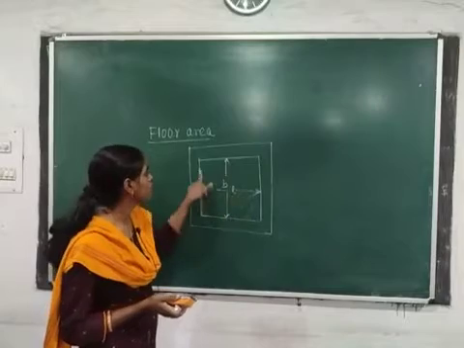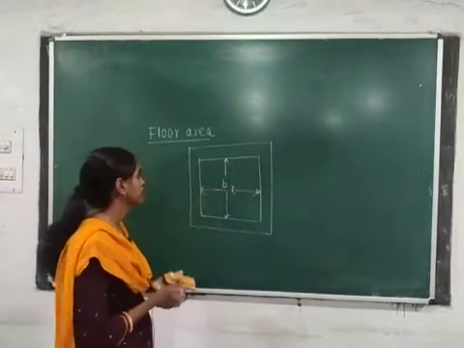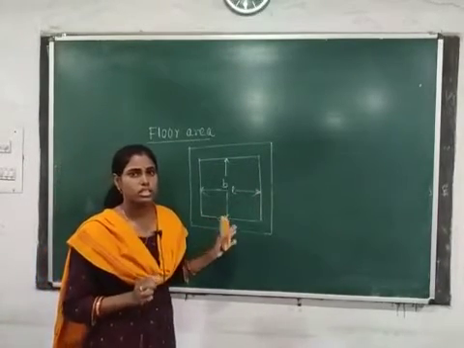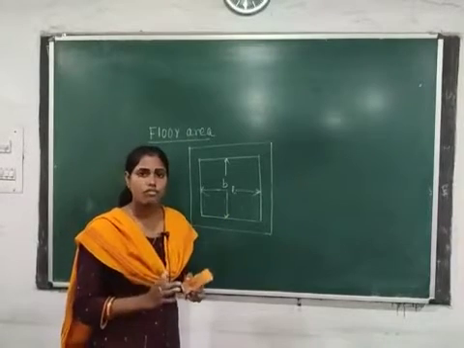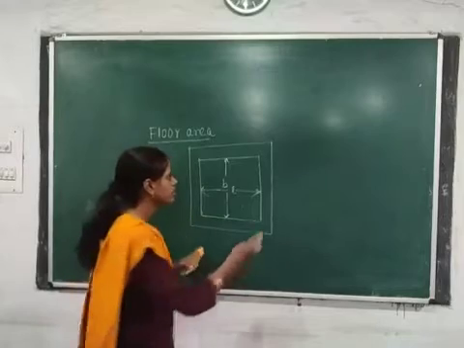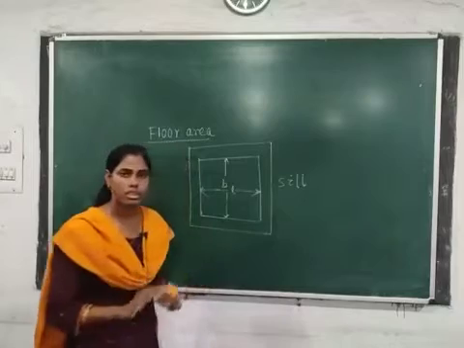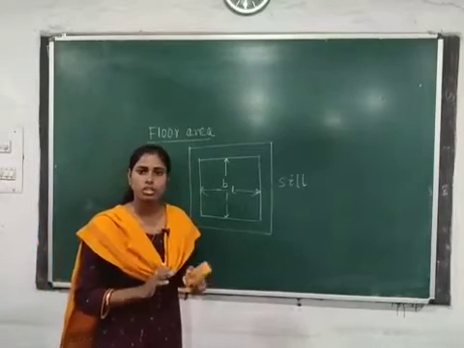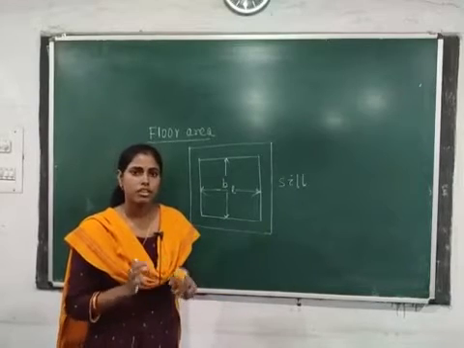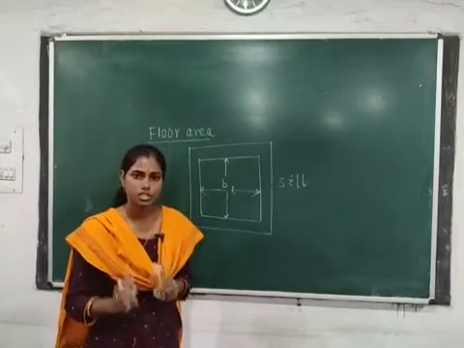This is your floor area, that means the area covered between the walls. But it will not include the area of door sills or openings. The lower portion of the door is known as door sill. It will not include the area that is covered under your column, your wall and any intermediate support.